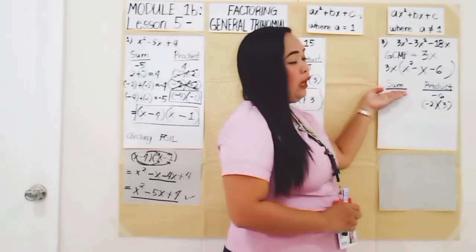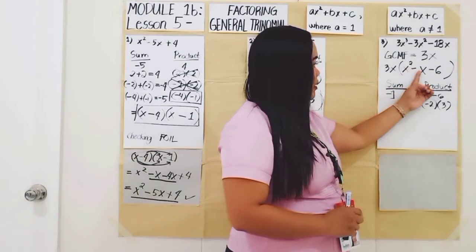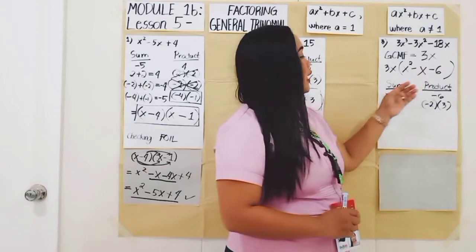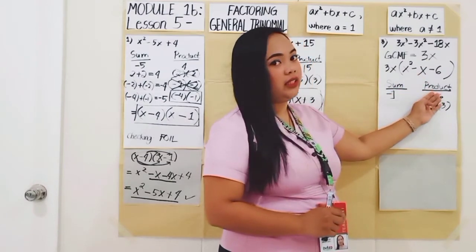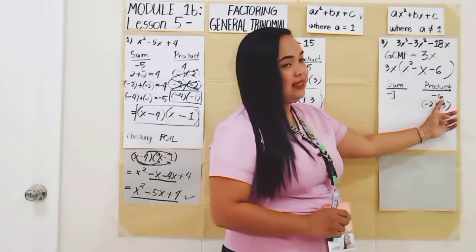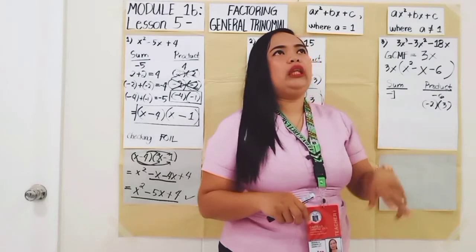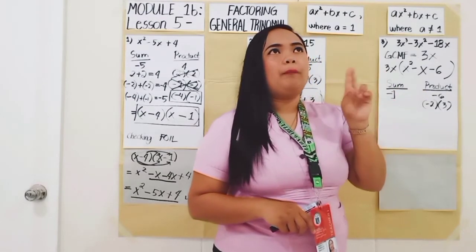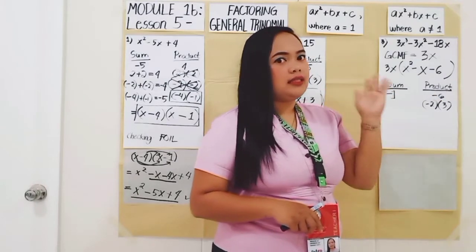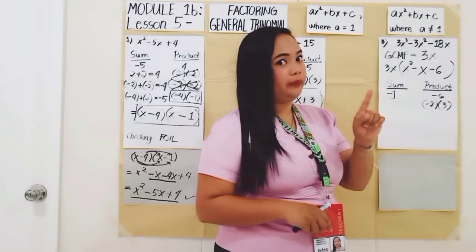So, we will find out a sum of negative 1 because the numerical coefficient here is 1 and a product of negative 6. Okay? Negative 6. So, maghahanap tayo ng numbers, dalawang numbers, na kapag i-multiply will result to negative 6. At the same time, kapag i-add will result to negative 1.